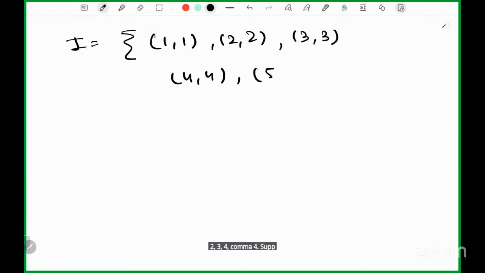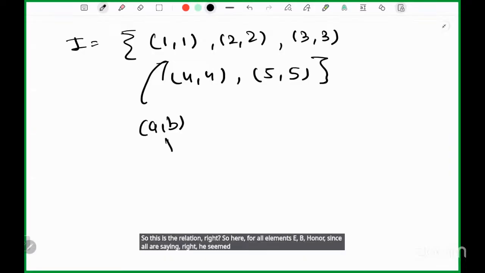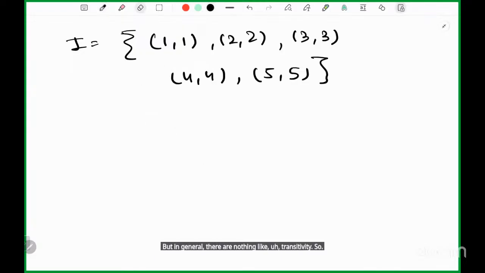Suppose A is a set of elements 1, 2, 3, 4. So this is the relation, right? For all elements A comma B, since both are the same, B comma A is also there. So here symmetricity is kind of obvious, but in general there is nothing like the vacuous case of transitivity. So there is no vacuous condition for symmetricity. You have to check each pair.